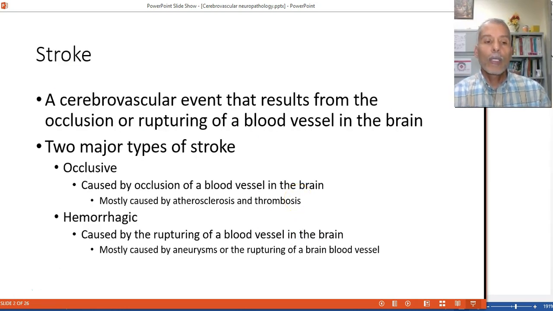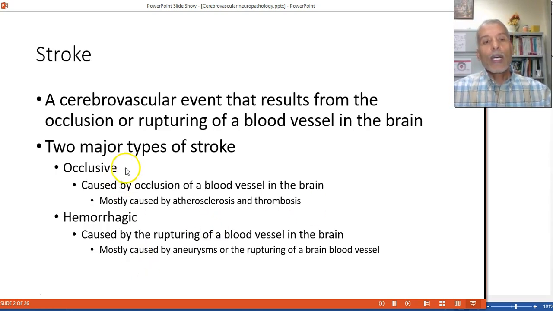So first, let's speak about stroke, and then we'll go to other things that could happen. A stroke is a cerebrovascular accident that takes place in the brain because of one of two things: either a blockage of an artery or a rupturing of an artery in the brain.